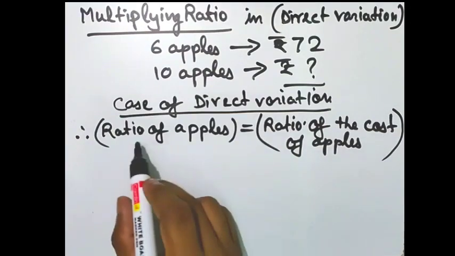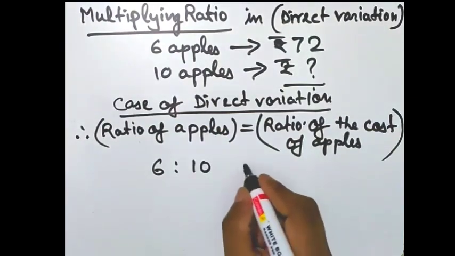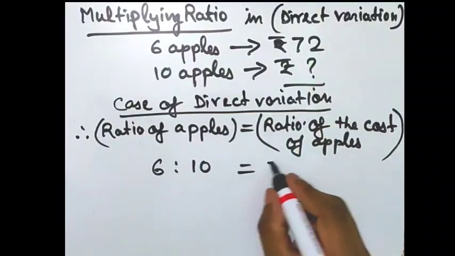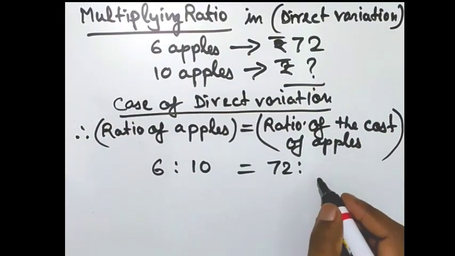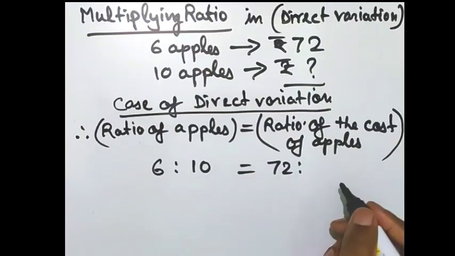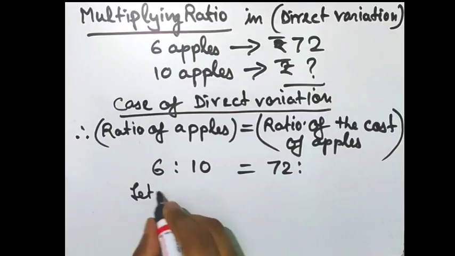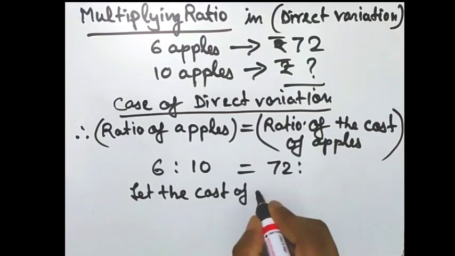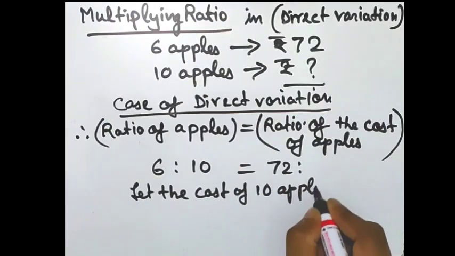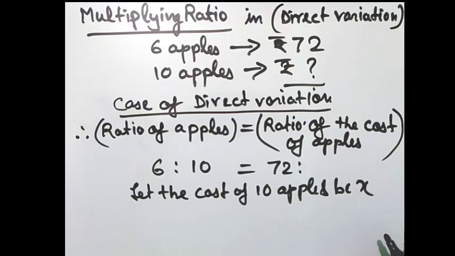So what will the ratio of the apples be? 6 is to 10, and the ratio of the cost of the apples, that is 72 is to, now we don't know what the cost of 10 apples is. So what we can do, we can say let the cost of 10 apples be x. So we can place x here.